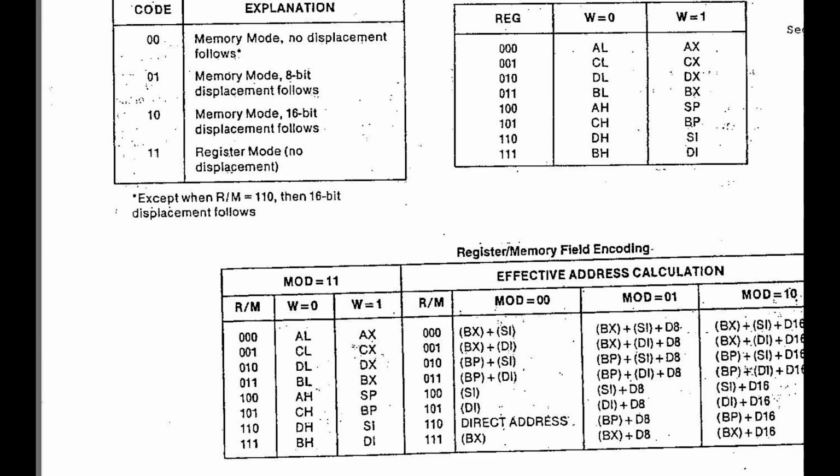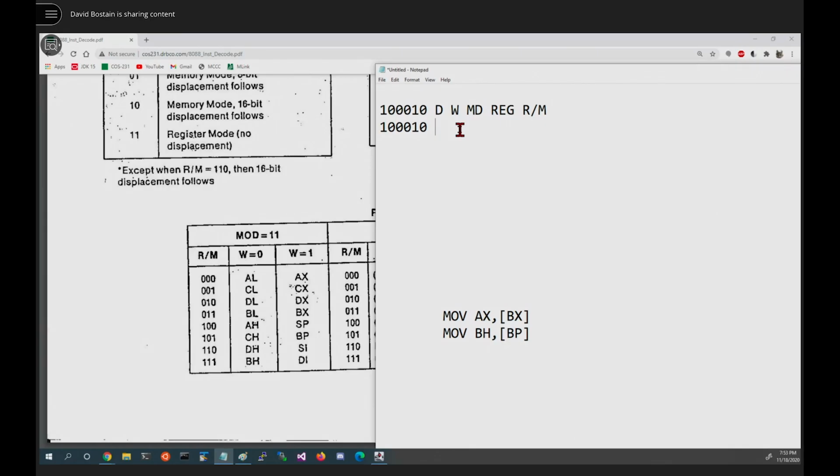Base relative stack addressing. That's correct. Okay, so let's move along here together in case some of you are stuck. We're going to be moving which direction? Is the register the source or the destination in this one? What's the destination? Are we moving 16 bits or 8 bits? 8 bits.